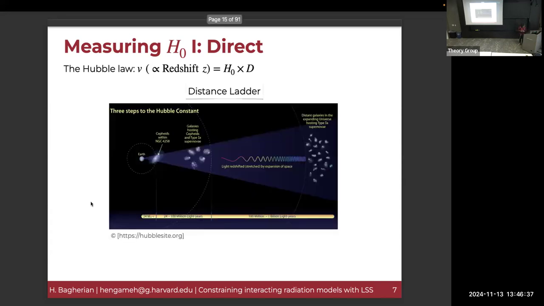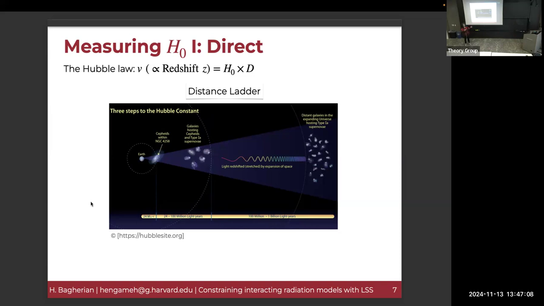But what's a little harder to do is measuring the exact distance of objects from us. The further off these objects are, the harder it is to measure the distance. We're very good at measuring objects that are close to us using a method called parallax. But in order to actually measure the Hubble constant, we want to be looking at things that are very, very far, so that the effect of them locally moving would not affect the measurements.